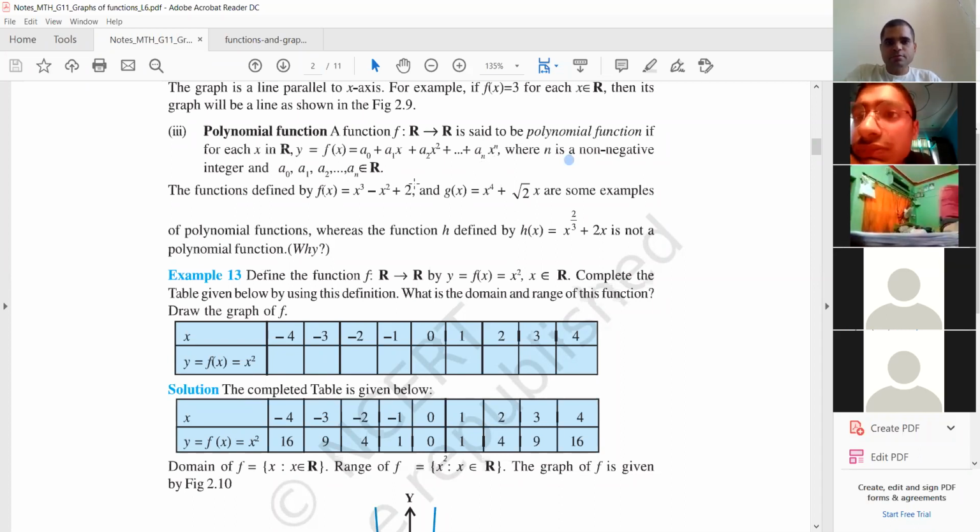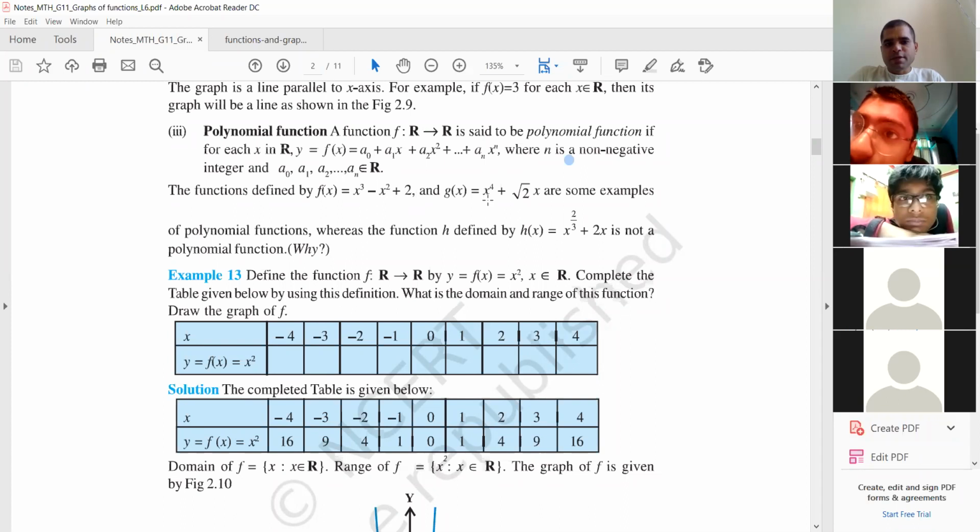So if some function is given like this, h(x) is equal to x to the power 2 by 3 plus 2x, then it is not a polynomial function because here the power is a fraction. So if I give you the function x cube minus x square plus 2, this is a polynomial function.